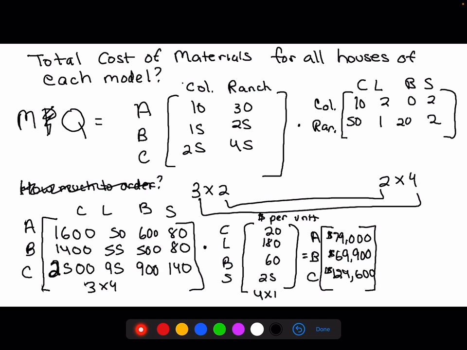All right, so there you go. So that's the total cost of those materials.